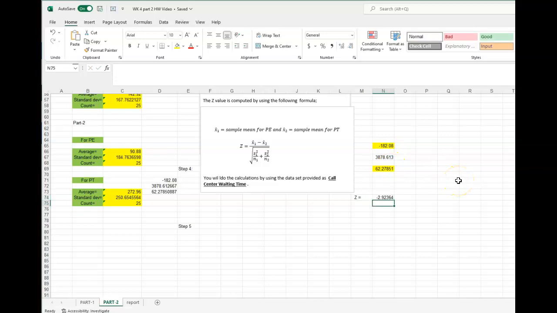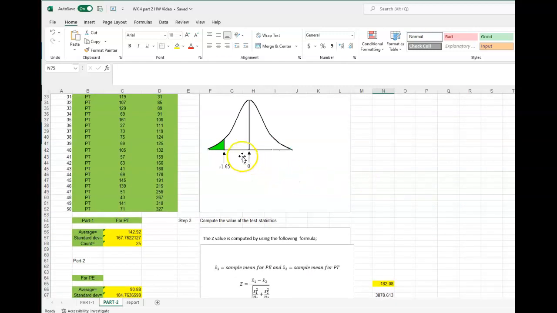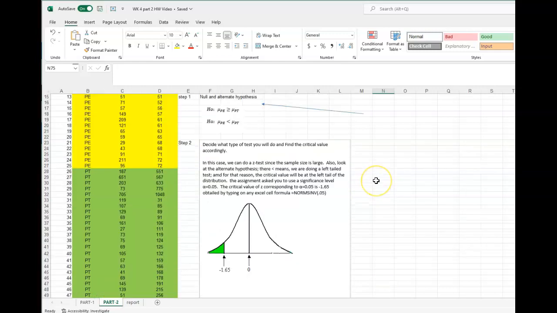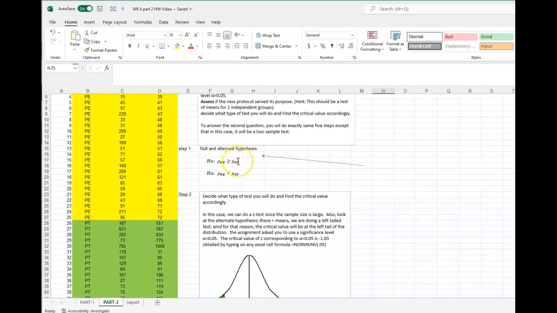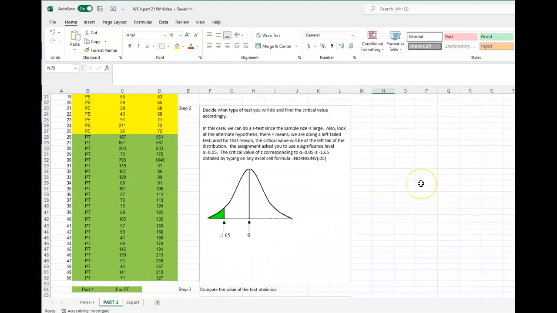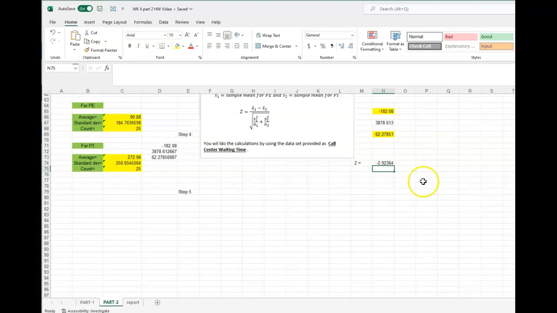So negative 2.92. Now you have to see where it is, on this side or that side. Then you're going to make a decision. If it is on this side, you fail to reject the null hypothesis. If it is on this side, you reject the null hypothesis. And if you reject the null hypothesis, you're going to assume alternative is true. And then you're going to make that decision, okay?